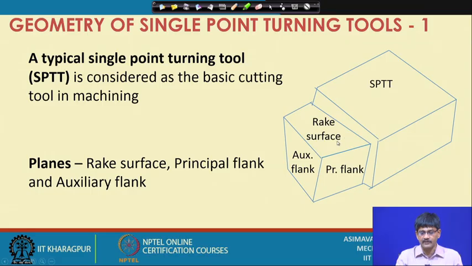On the front of the cutting tool, we have three main surfaces or planes. These are called the rake surface, the auxiliary flank and the principal flank. Flank means side. So, these are the sides of the tool, and this is the top surface of the tool, which is called the rake surface or face.